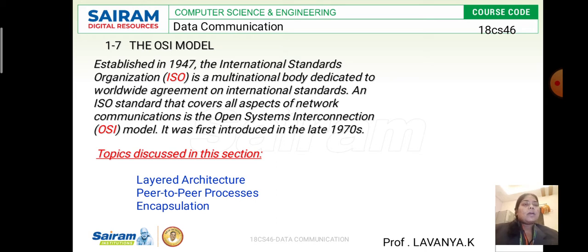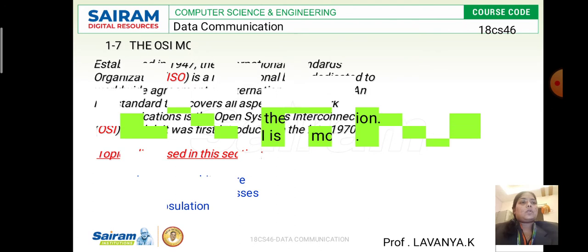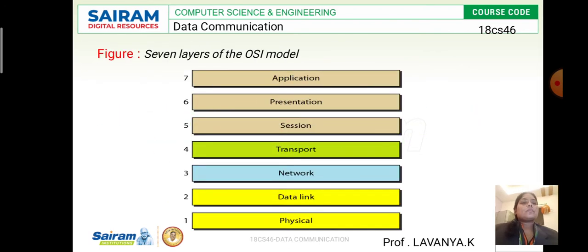Then we will see one by one what the 7 layers of the OSI model are. This is the pictorial representation of the OSI model.